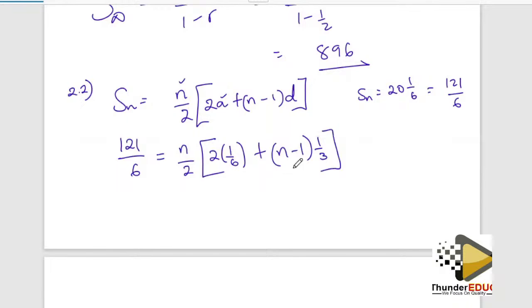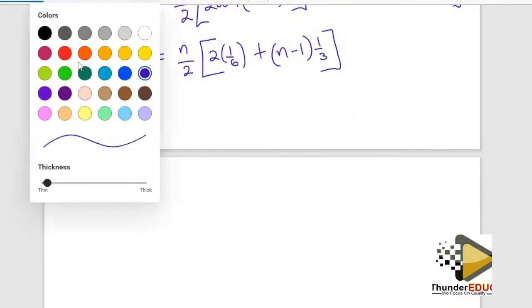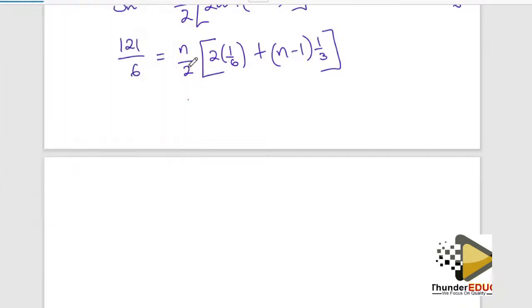Okay, so what I need to do, I don't know if I should open the bracket. So let me do the quick one. Let me just multiply this by 2, and this side by 2, so that this 2 cancels that 2.